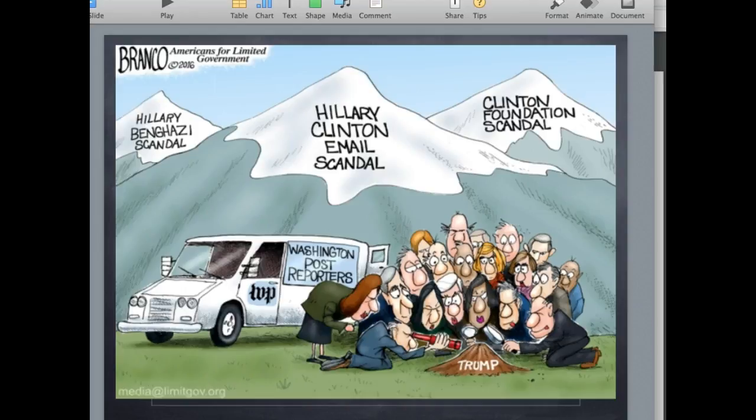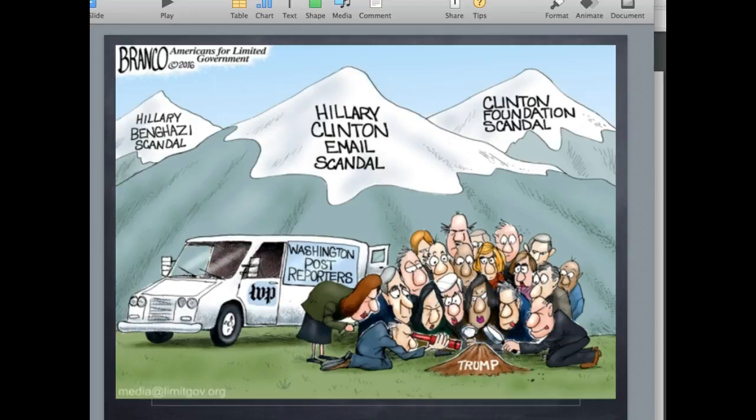They all seem to be examining other objects, with magnifying glasses and those types of things. One guy even has a periscope-looking thing in the front, examining this little molehill that says Trump.